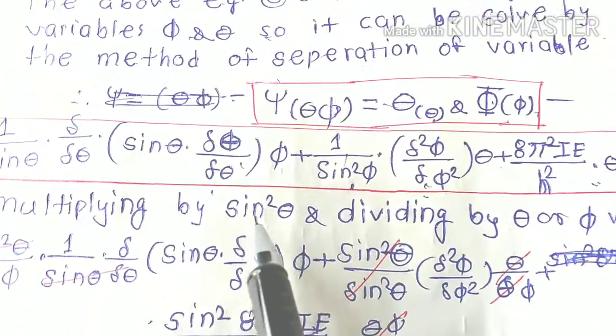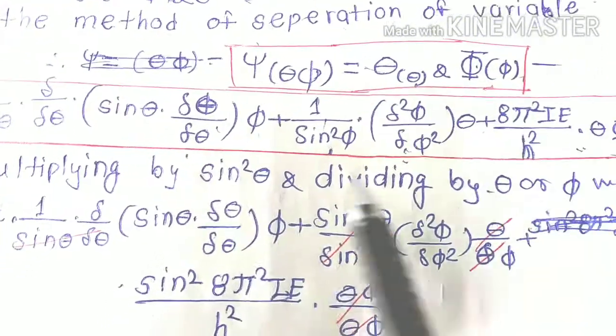Then multiplying by sin²θ and dividing by ΘΦ, we get the above equation.